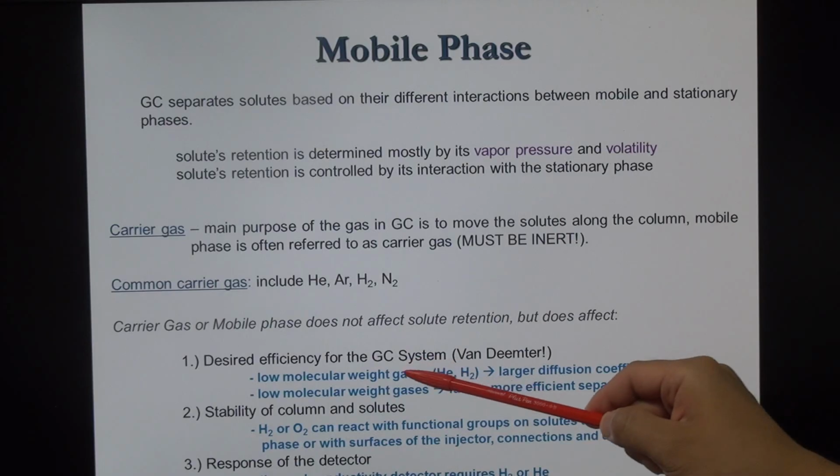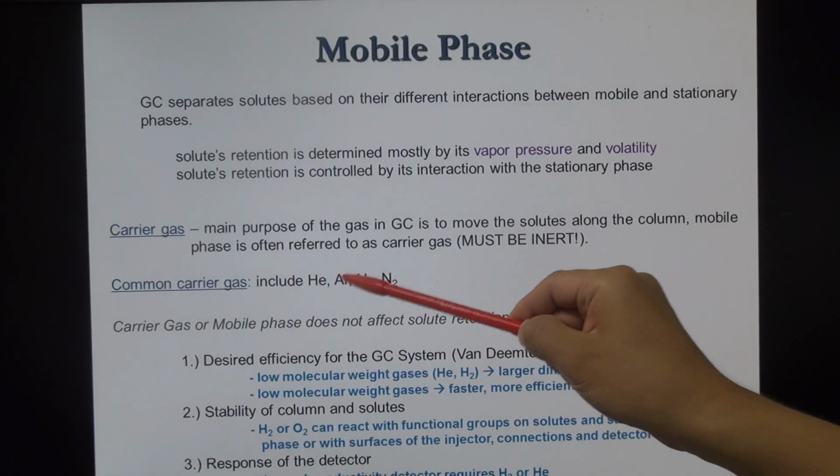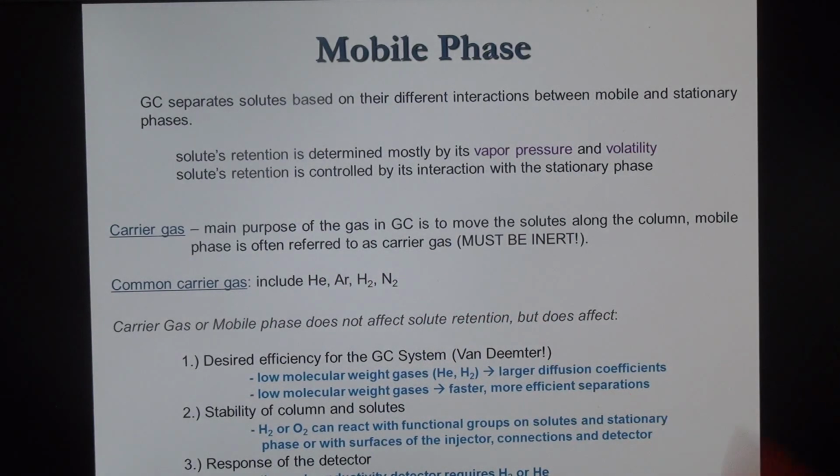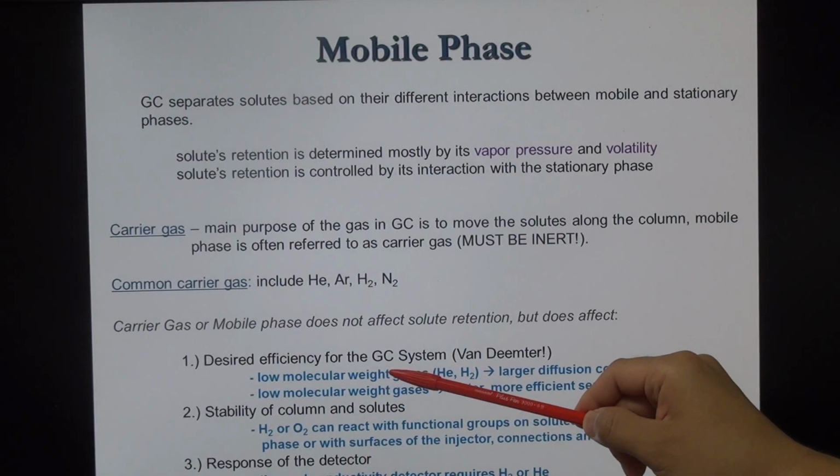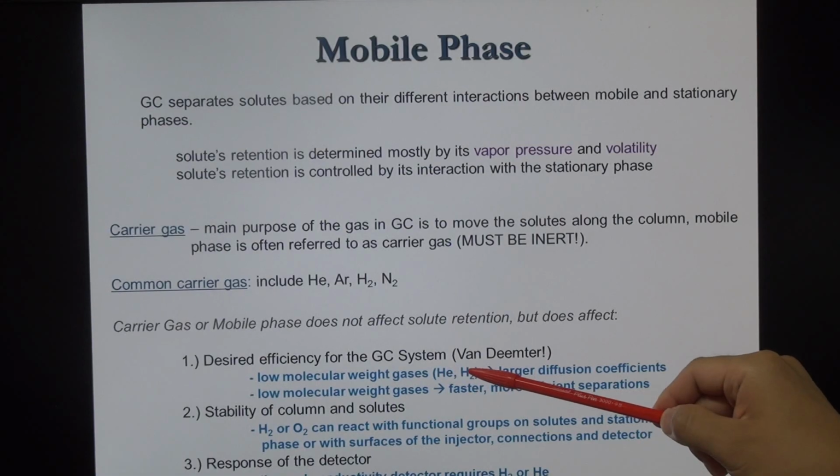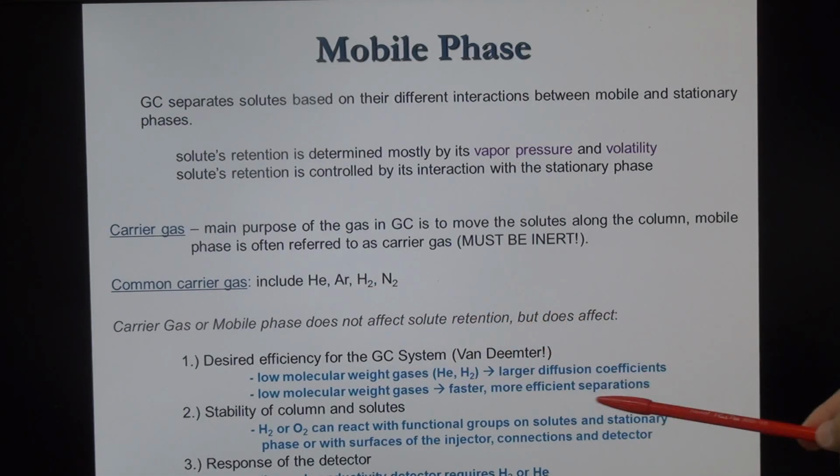So depending on the type of carrier gas, they affect the plate height. Depending on the molecular weight of the gases, either helium or hydrogen or argon, they affect the diffusion coefficient, and they affect the degree of efficiency in separation.